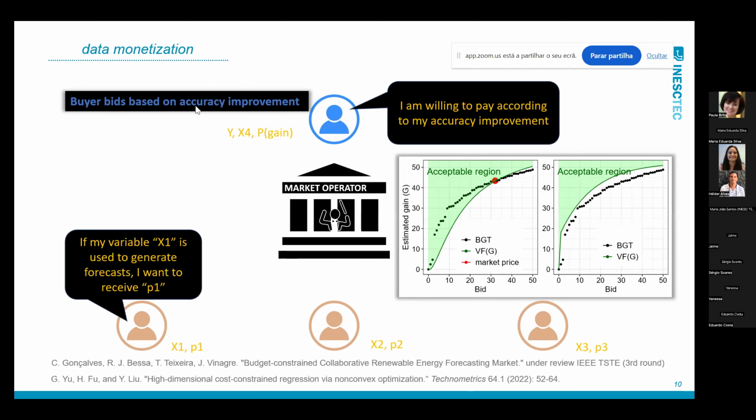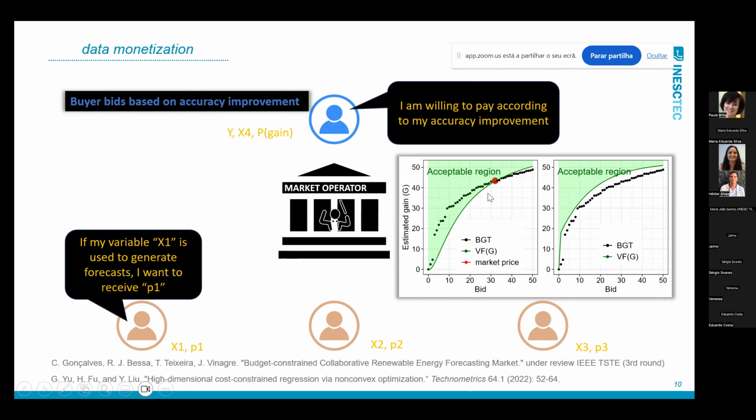So instead of sending a fixed value, the buyer will send a function that says how much he wants to pay. Here, for example, the green is the value function of this buyer, and what he is saying is, if I pay 10, then my improvement in the root mean square error should be at least 90%.